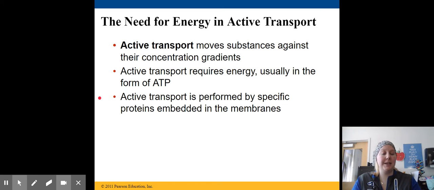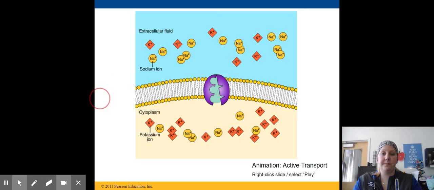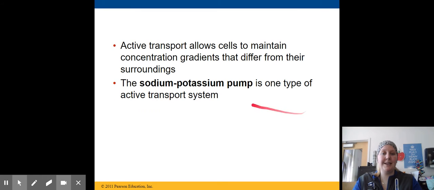Active transport is performed by specific proteins that are embedded in the cellular membrane in order to move these molecules. This is an example of one of them, and that is the sodium-potassium pump. Active transport allows cells to maintain a concentration gradient that is different from the surroundings.